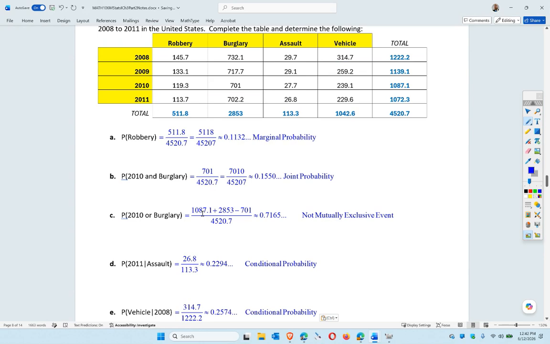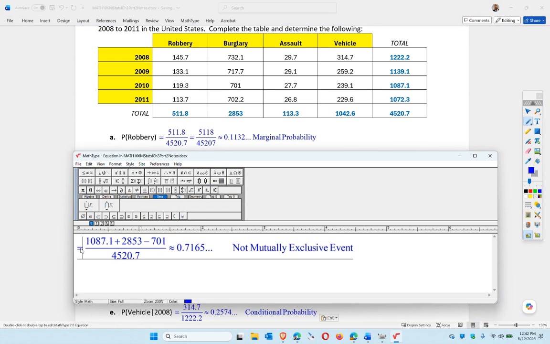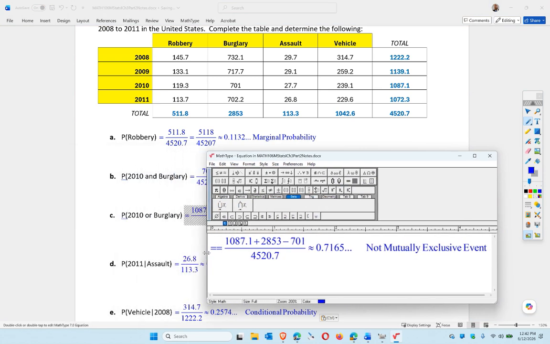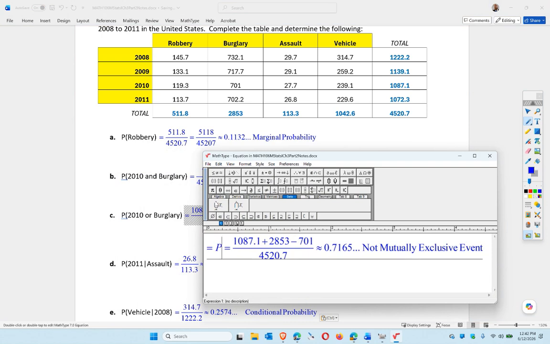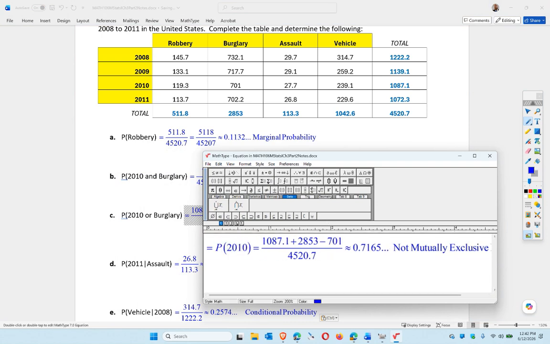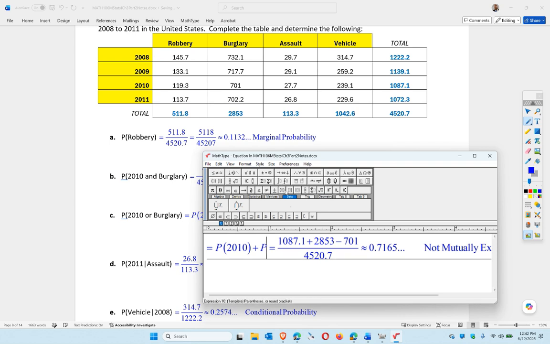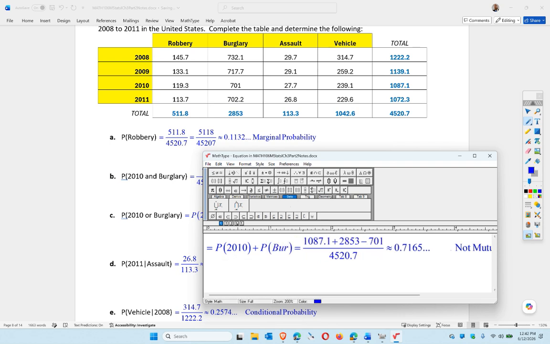So I could do here, equals, and go in between here. Let's shrink this down. So this is the probability of 2010, right? 2010 plus the probability of burglary, right?